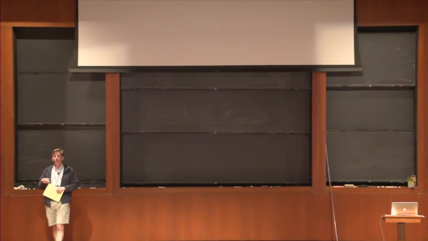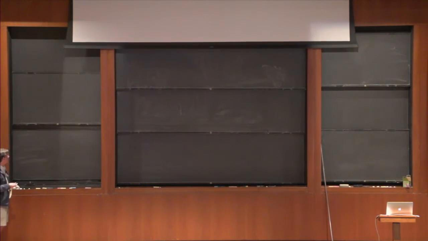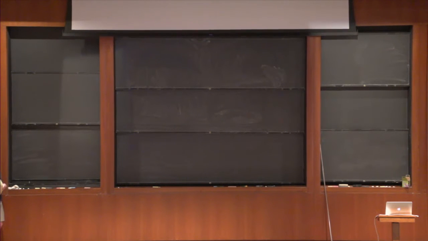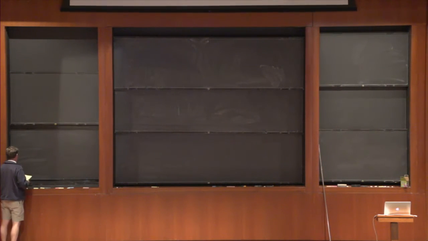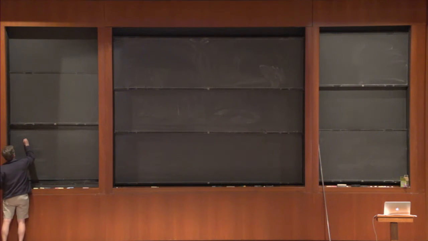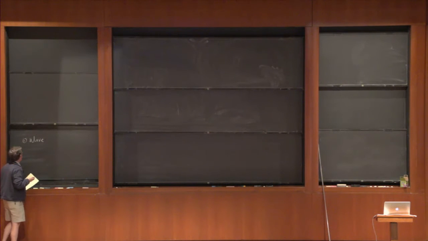Okay, so the first question I want to answer for you is: when do we need to solve the equations of relativistic MHD? The first situation, am I writing large enough for those of you in the back? Can you see it? Okay.